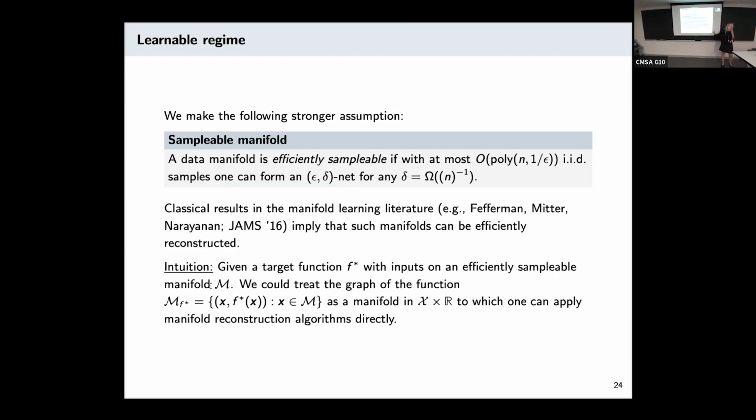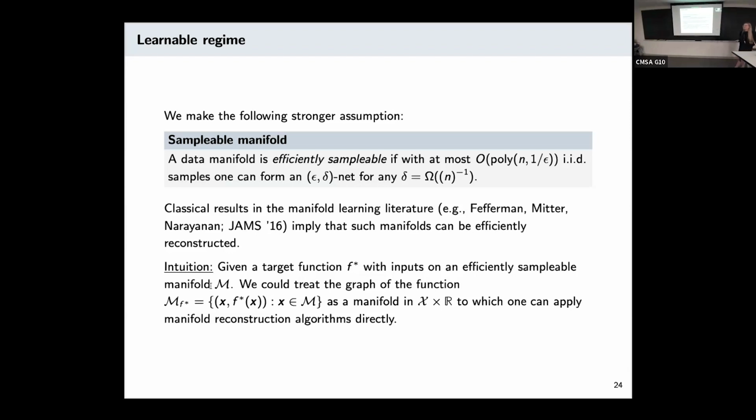Now, if we want to learn a function over such a manifold, we could look at the graph of that function, and then apply the same sort of reconstruction and interpolation arguments that are used in that literature to the graph of that function. Then one can show that this samplability condition is in fact enough to also efficiently, in polynomial time, reconstruct or learn this graph of the function. So a lot of the arguments that we're using here build on very classical tools from the manifold learning literature.